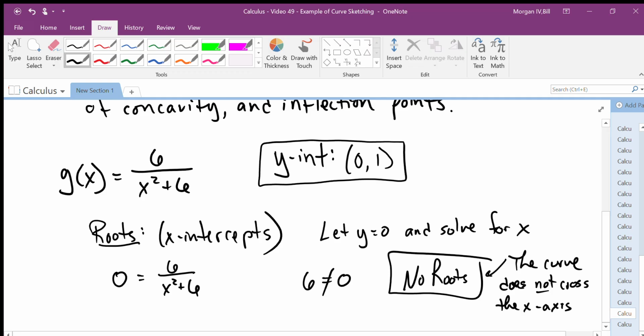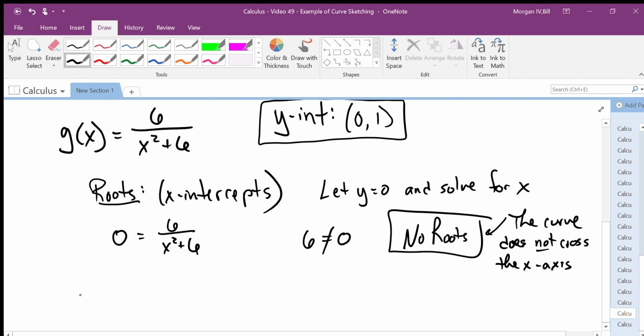Okay, so that's some information. We know that the y-intercept is at (0, 1), and we know that since there's no roots, the curve does not cross the x-axis. Now let's look for vertical asymptotes. Now, vertical asymptotes occur when we divide by 0, when the original function divides by 0.